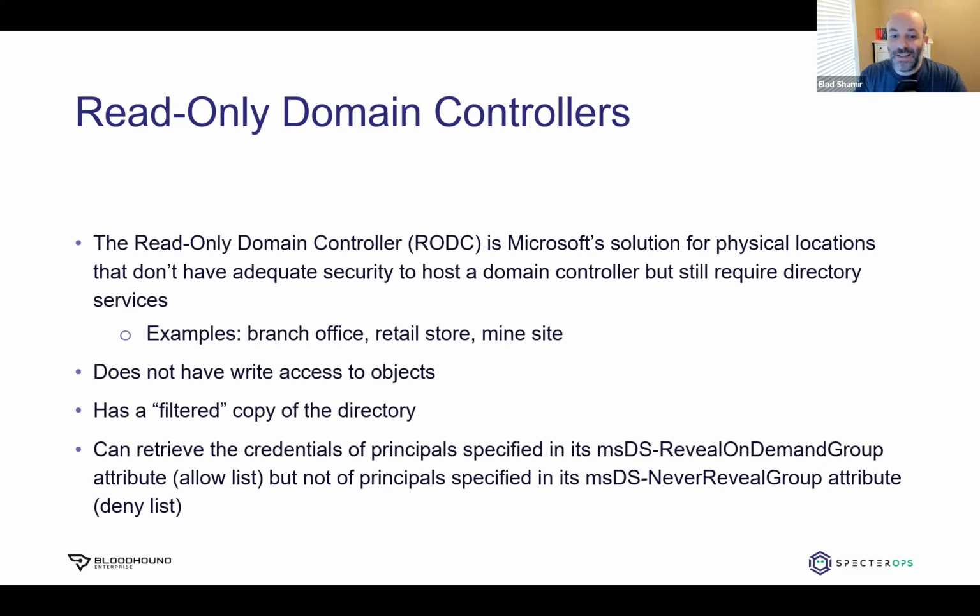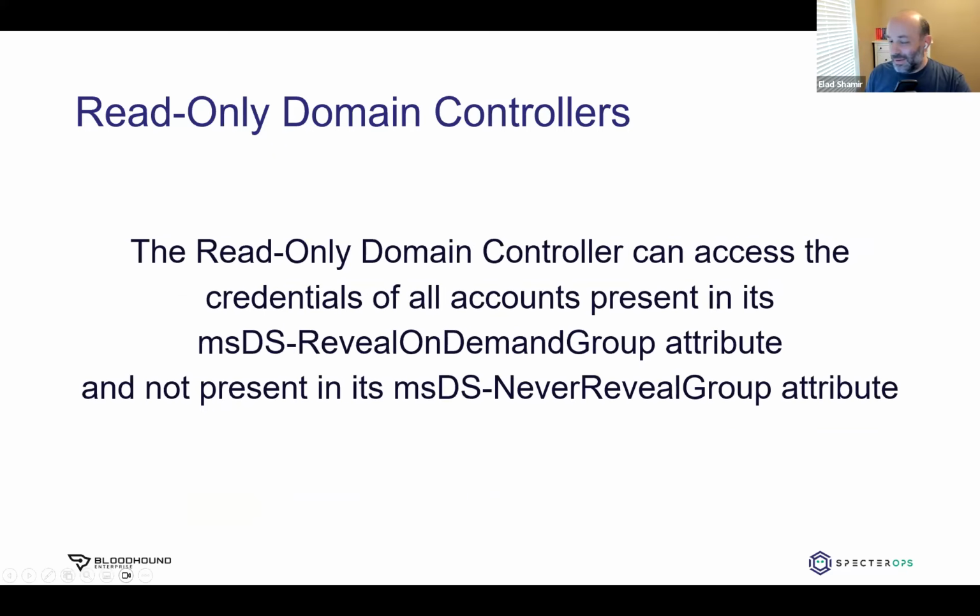Now, I want to make it clear that no tier 0 account should be used in an untrustworthy physical location. So no tier 0 account should be added to the allow list of any RODC if you do things right. Now, let's make it very clear before we continue the discussion.